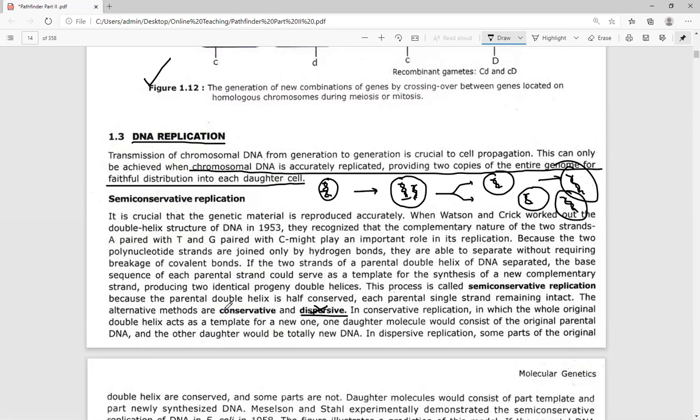Then there was another method which was known as the conservative model of DNA replication.